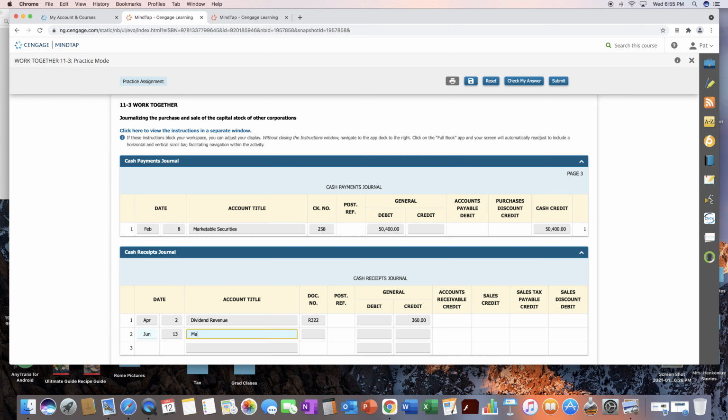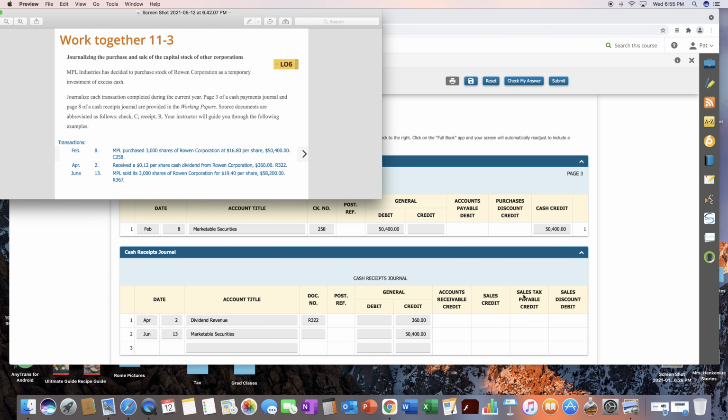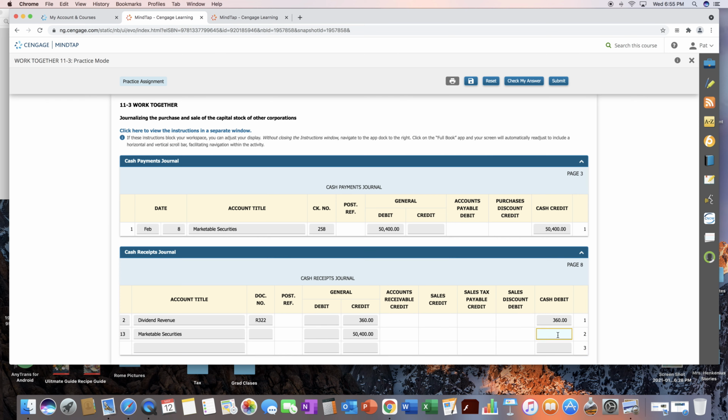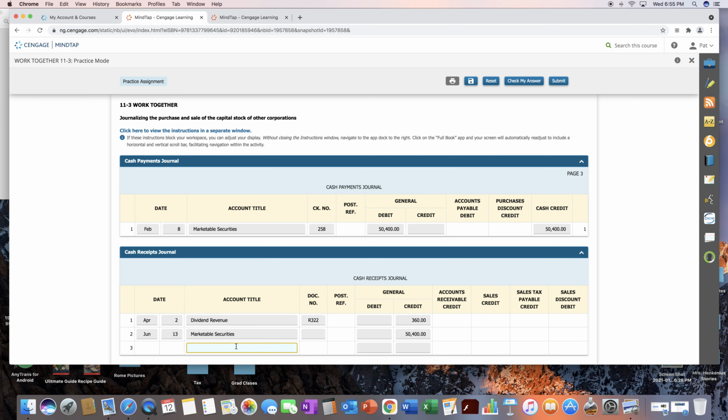and remember, we have to debit the marketable security when we purchase it, and we have to credit it and get it off the books for that amount. It told us we have $58,200 that's being deposited. So 58,200 minus 50,400 will equal the gain on sale of investments.